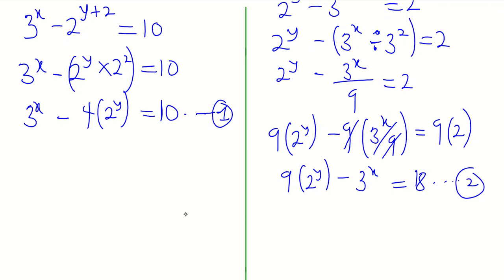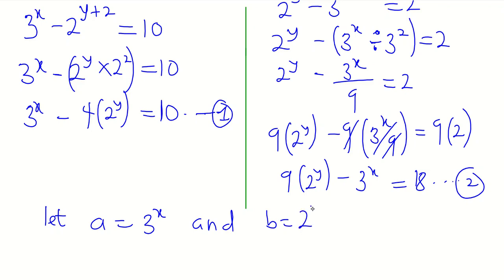Now comparing equations 1 and 2, you can see that there is 3^x and 2^y in the two equations, which means we can represent 3^x and 2^y by any variable. So in this case, we are saying let a be equal to 3^x and b be equal to 2^y.